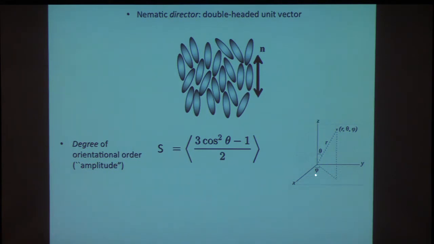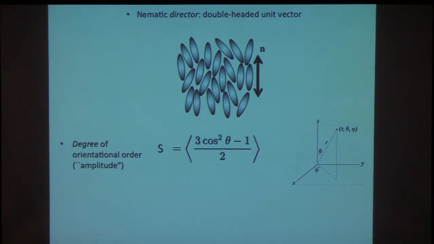If I take the z-axis along the nematic director, and theta is an angle, then this instructs the experimentalist to calculate the probability of one of these molecules to have an orientation along a given direction, and then average over all possible orientations. So you find the fraction of molecules pointing along a certain direction, and you do an average. If it's completely isotropic, then the average of cosine squared theta is a third, and S is 0. If it's completely oriented, then theta would be 0, and you get 1.